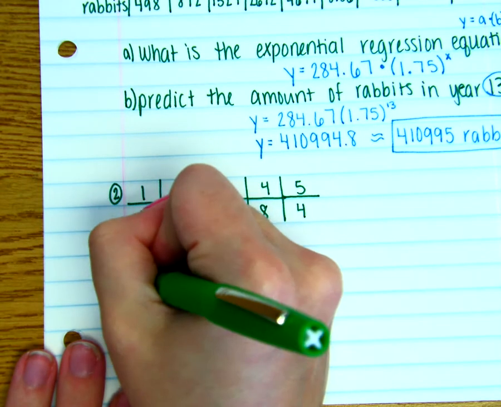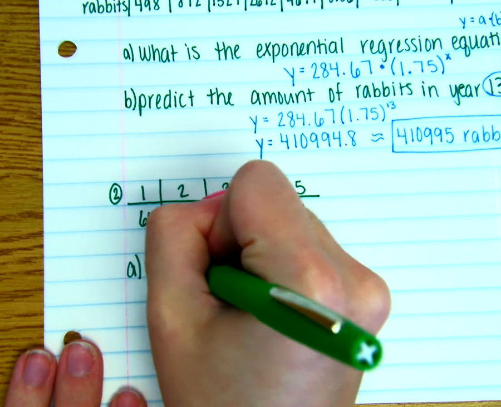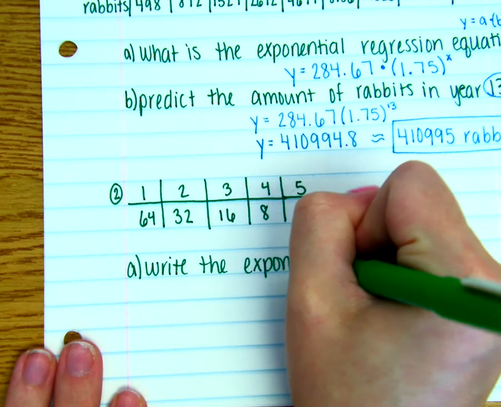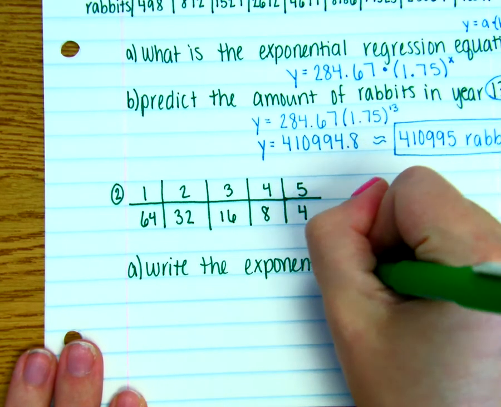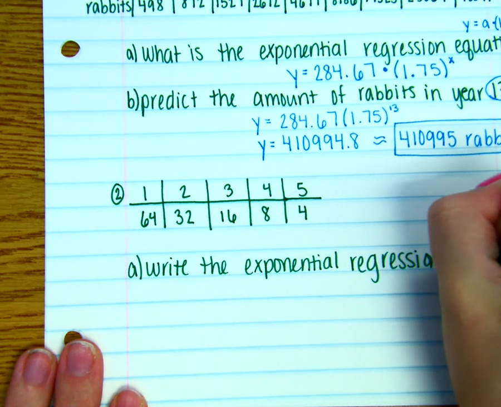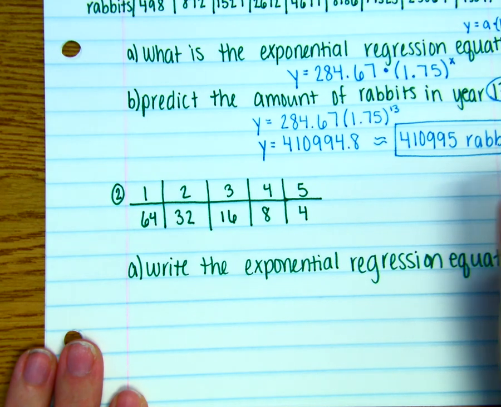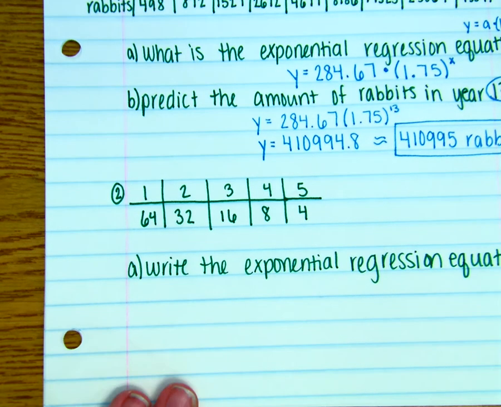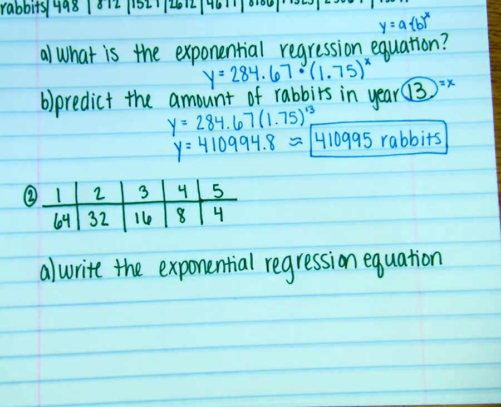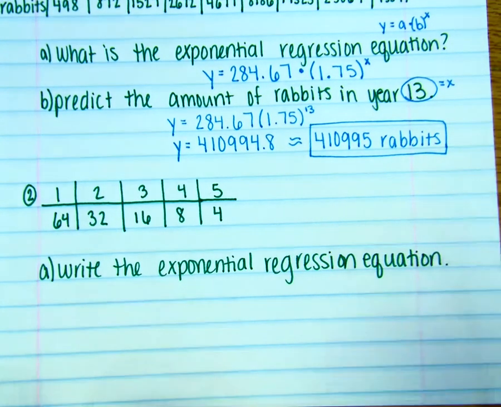And then all I want to do is just write the exponential regression equation. So what you can do is you can pause the video at this time and try this on your own, or you can just stay with me and watch as we go along.